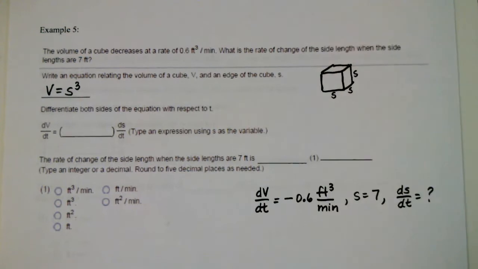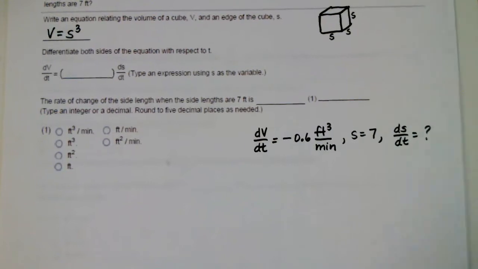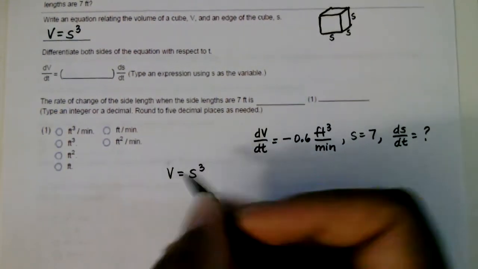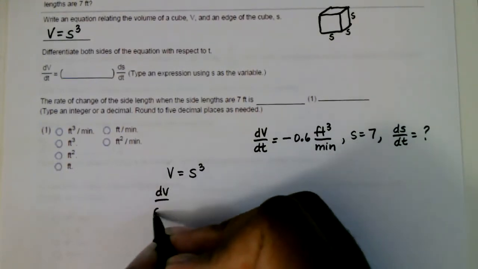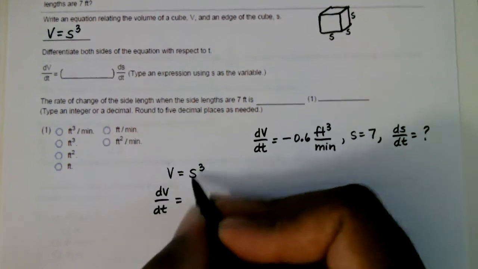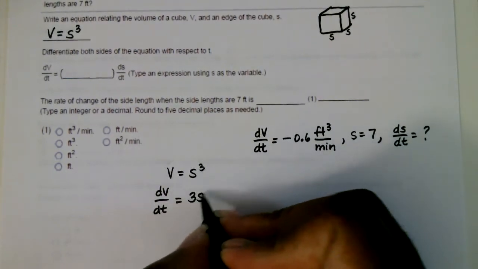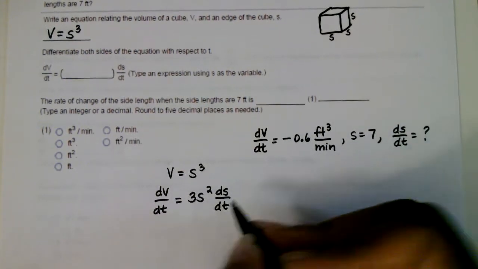So now let's differentiate both sides of this equation with respect to time. Okay, and I'm going to do this down here. If the volume is s cubed, if I differentiate both sides of the equation, the left side would be dV dt is equal to the derivative of s cubed, which would be 3s squared times ds dt.